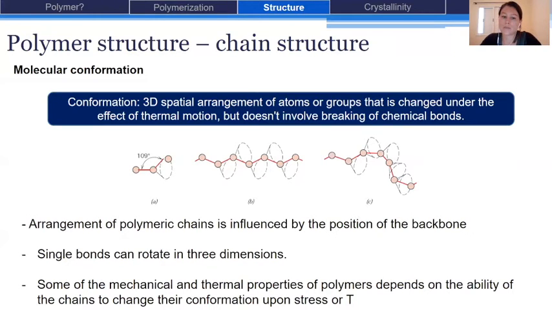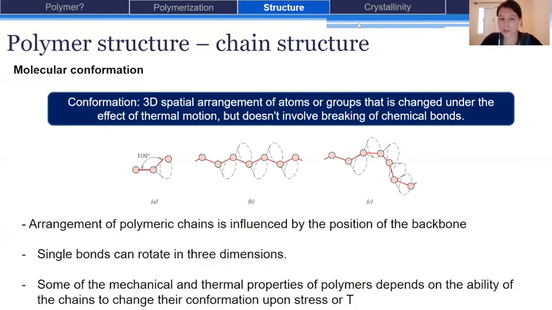And so, for example, depending on the temperature at which the sample is submitted, we will give some energy to the sample, and we will favor this movement of the atoms. And so the conformation of the chain will evolve in time.